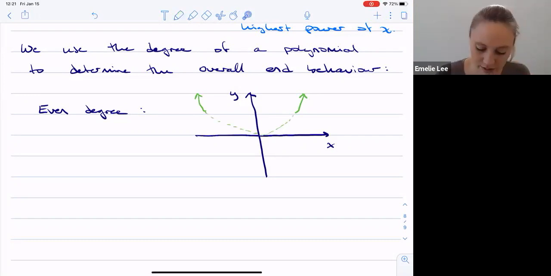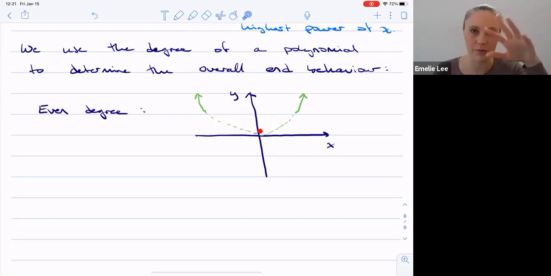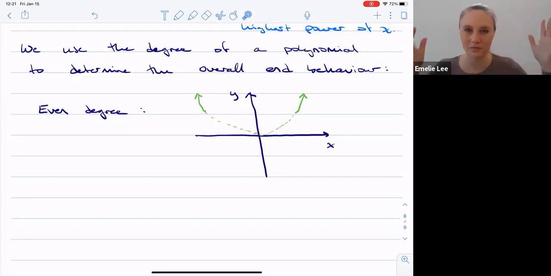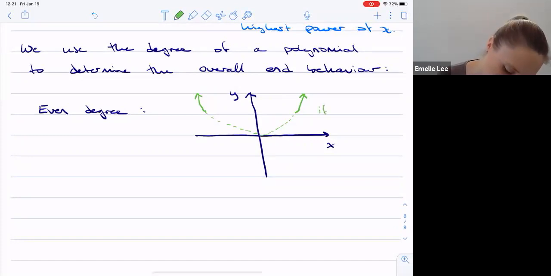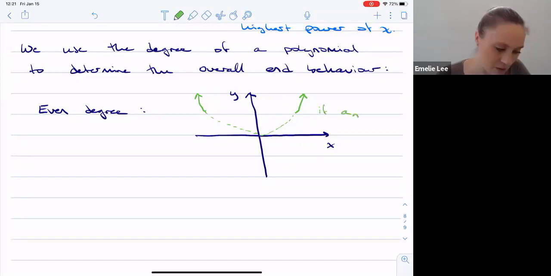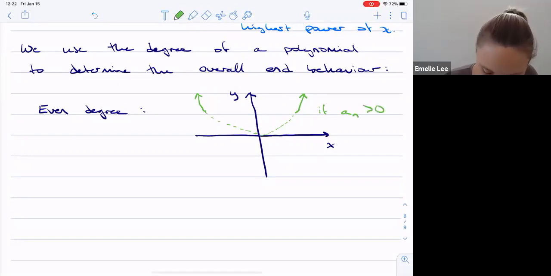And I'm doing dots in here because, like I said, we're only talking about the end behavior. So things can bounce around in here, but as the x's increase and go towards negative infinity and positive infinity, we're going to be able to determine the end behavior. So this is if a subscript n is greater than 0.